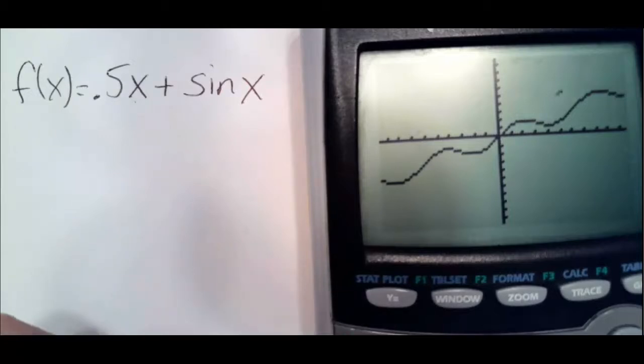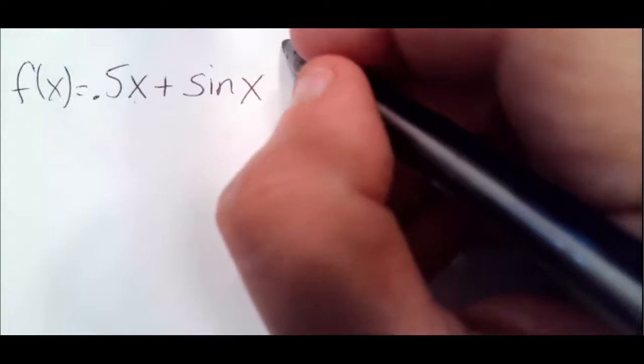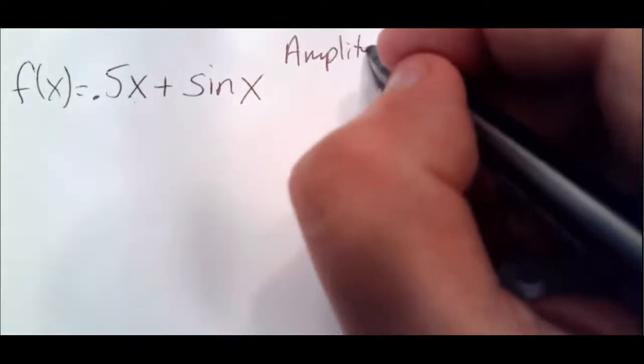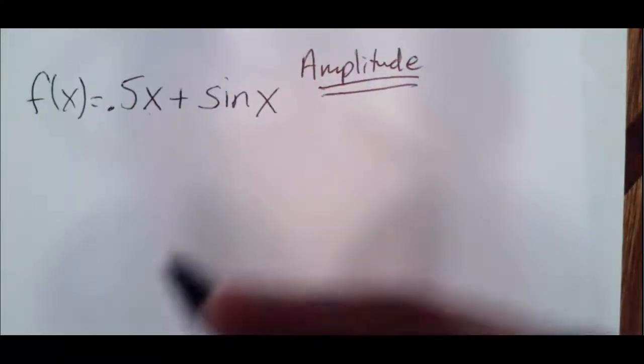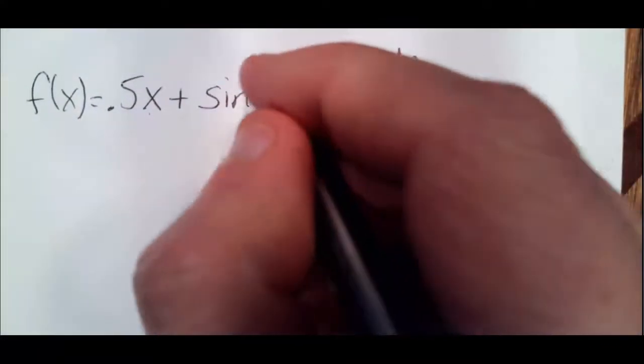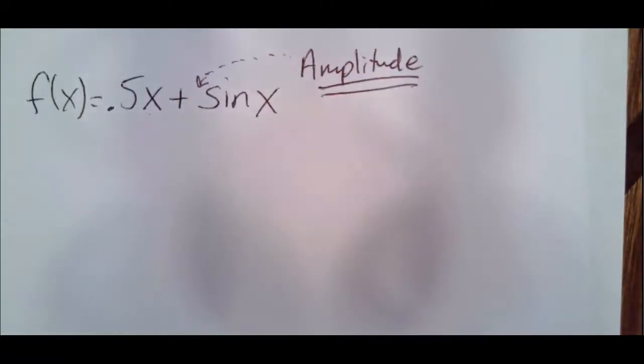So actually, no calculator needed on this part. And this is all you really need to know. Really, really simple. If you look at sine, we want to know the amplitude. The amplitude, of course, is the number in front of the sine or cosine.